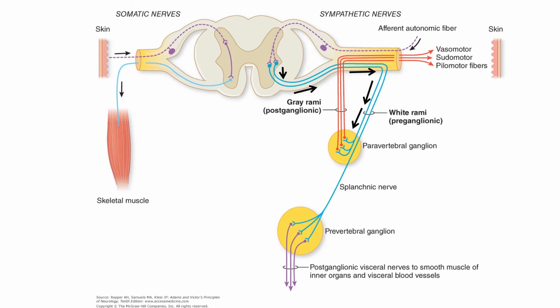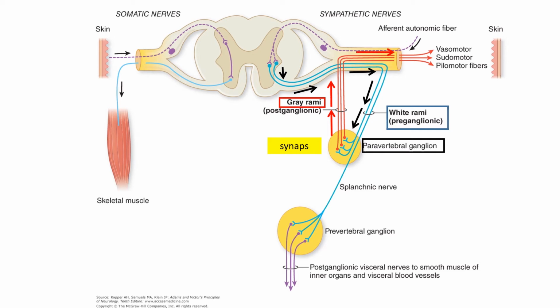It enters the ganglion, synapses, and then goes back to the spinal nerve as gray, non-myelinated, or it leaves the ganglion without doing anything and ends up in the prevertebral ganglia. These fibers that take no action in the ganglion and then leave and go to the prevertebral ganglia are called splanchnic nerves.